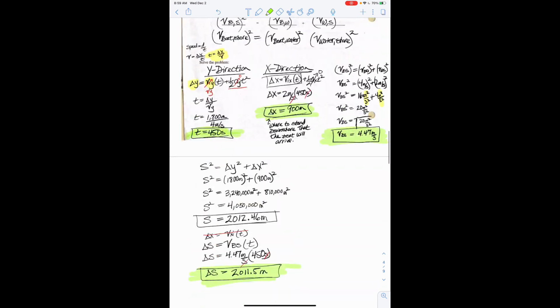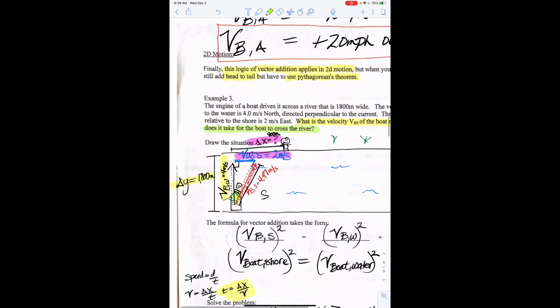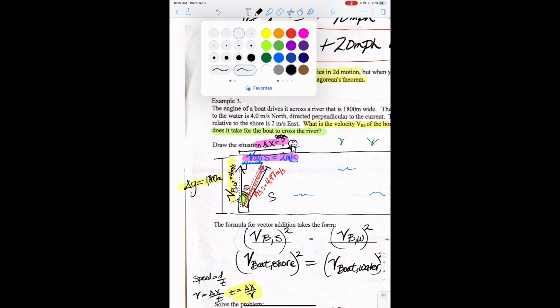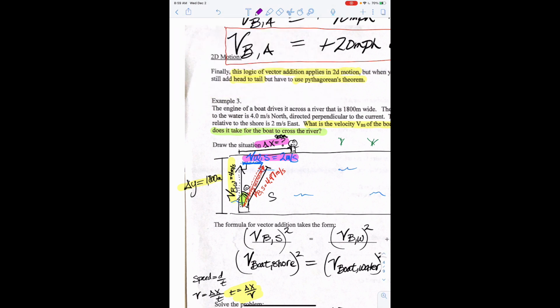And the 5th one is, what is the angle that the boat takes relative to perpendicular, relative to a line straight across, or relative to the shore. They could ask, what is the angle relative to the shore that the boat takes? What's this angle right here?